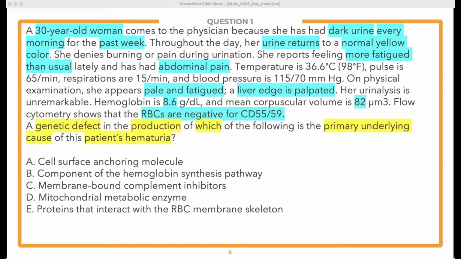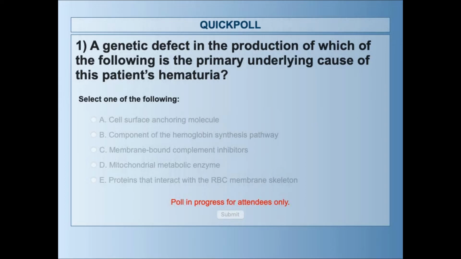Excellent. Thank you, Paris. So the poll is open. Go ahead and take your best shot. What do you think is the primary underlying cause here? What is the genetic defect? A lot to parse here, and this is important.